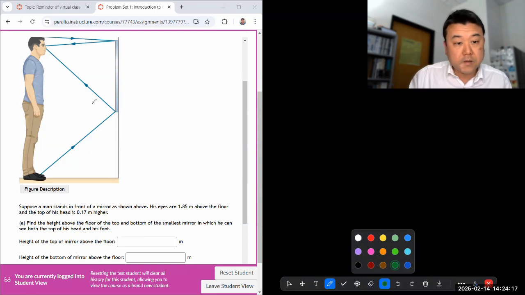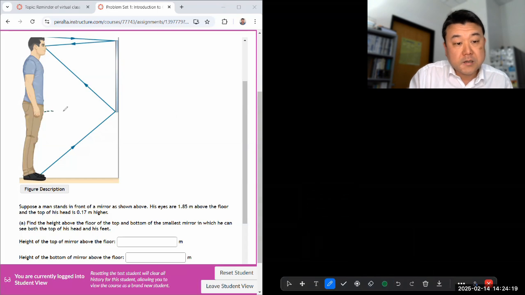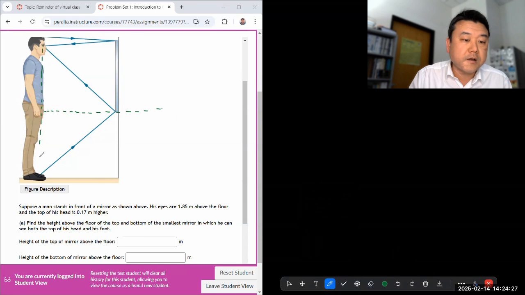I think the one advice I can give is the value of drawing auxiliary figures. So I can draw some straight lines here and there. And as I do, I can see these angles are the same. From the law of reflection, these angles should be the same.